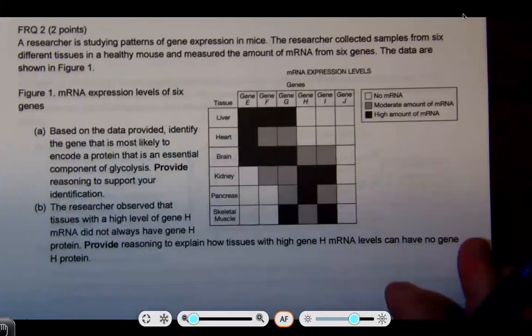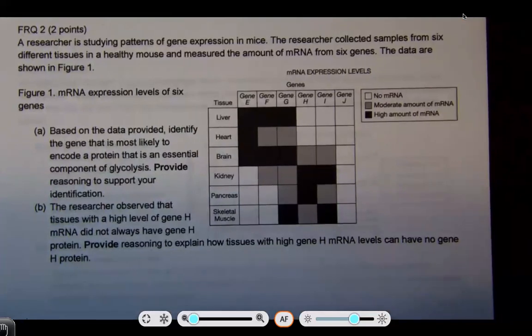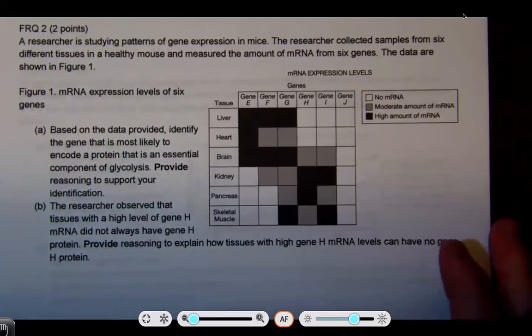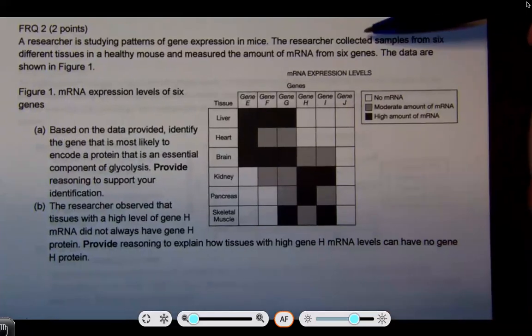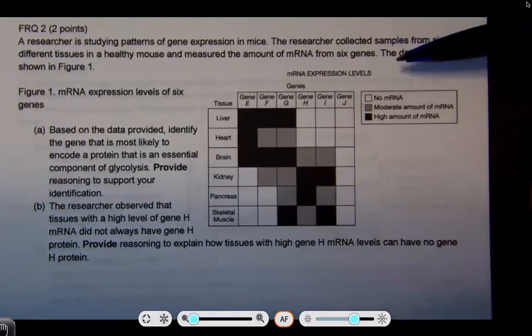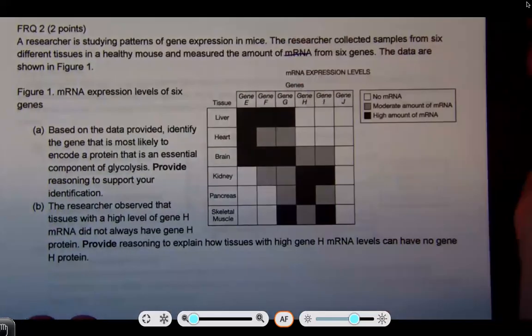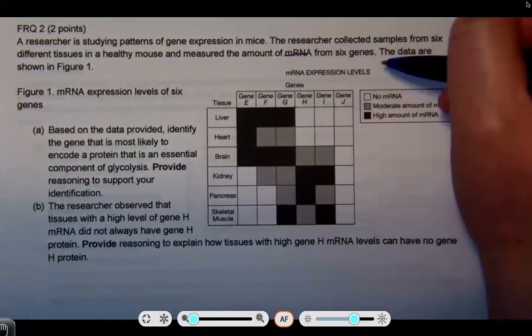FRQ2, which is actually just the first two parts of one FRQ, would be something similar to what you could expect on an AP test this year. So a researcher is studying patterns of gene expression in mice. The researcher collected samples from 6 different tissues in a healthy mouse and measured the amount of mRNA from 6 genes. So we're looking at 6 different genes and their mRNA.